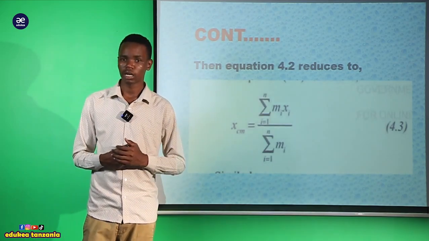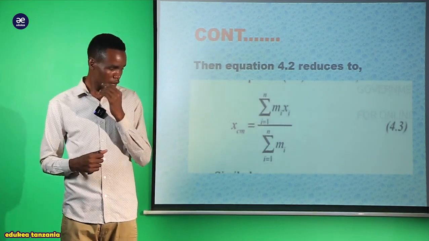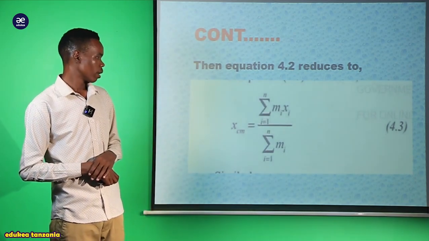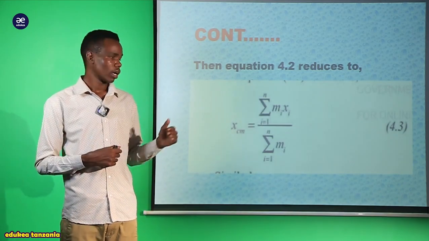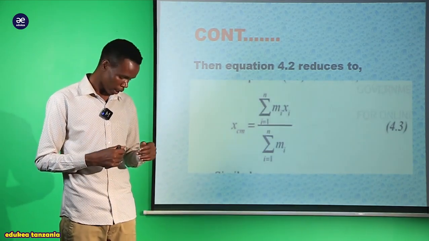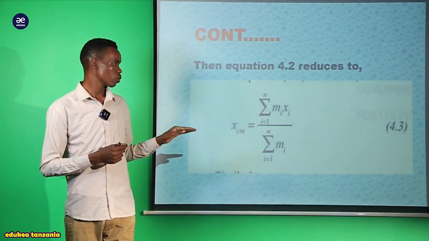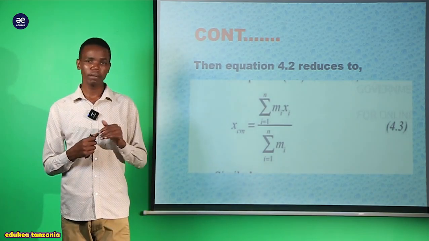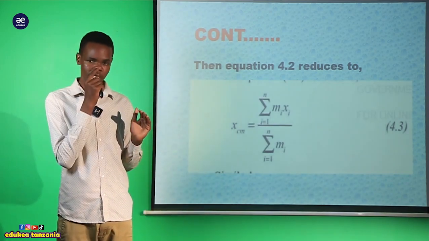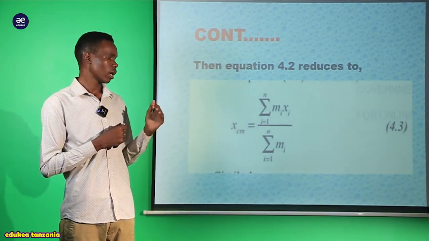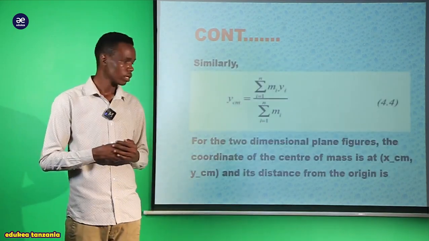This should be the equation number 4.3, my dear students. So after this one, this which represented the equation number 4.3, we were supposed to assume that this equation should represent the mass. This should represent the equation number 3 on our fourth topic here.